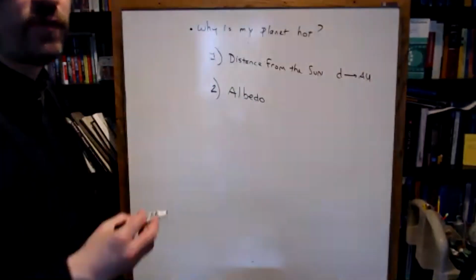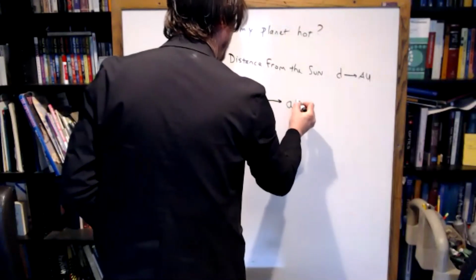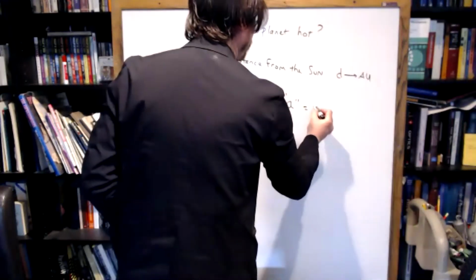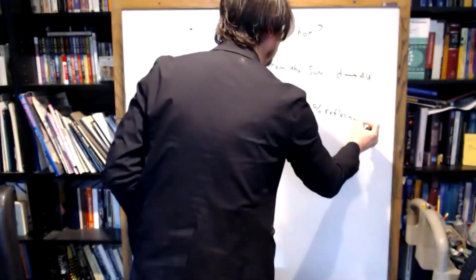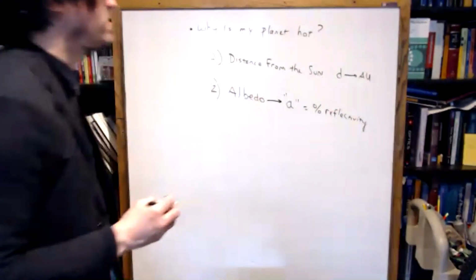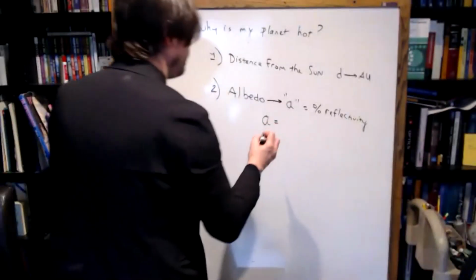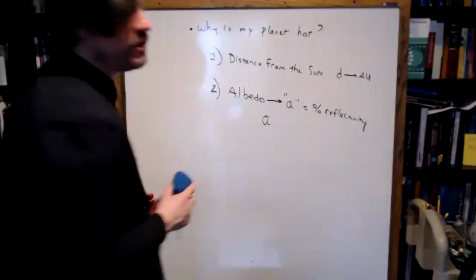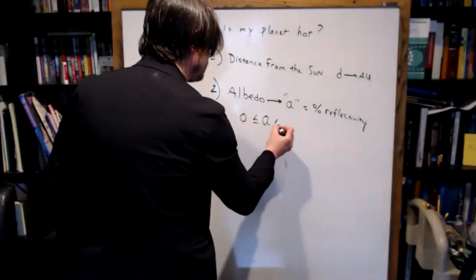I mentioned this before, but your albedo, which we'll give the symbol A, is the percent reflectivity of your planet's surface, where an albedo has a domain of anywhere from 0 to 1.